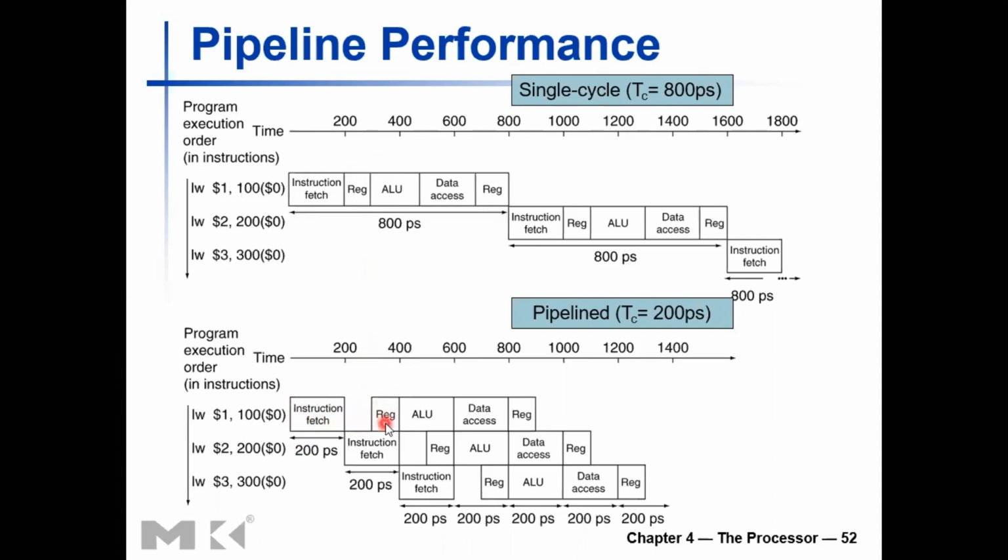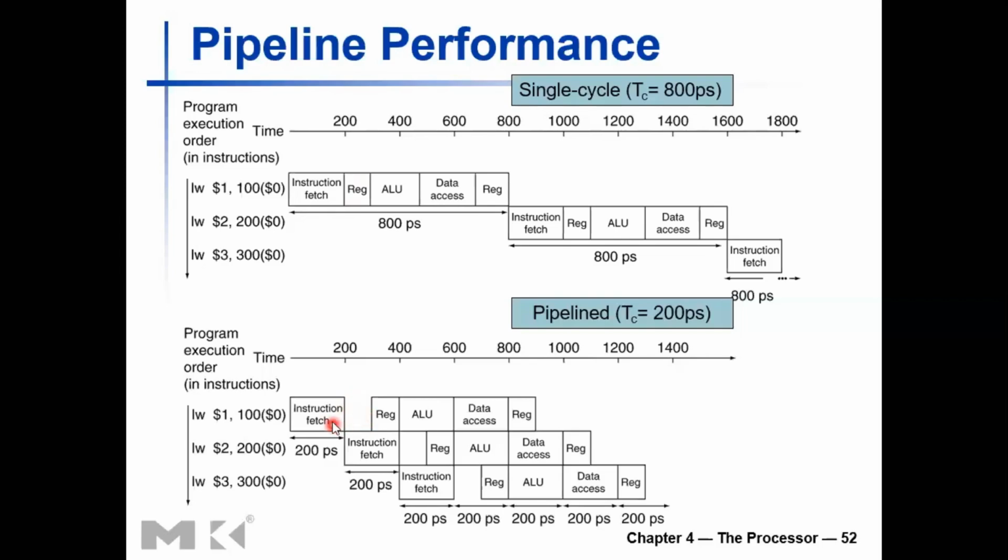The decoding is also there. It's combinational logic and it will take a little time. In this case, we have neglected that. It's a very small time, but it can be done within the space left here.